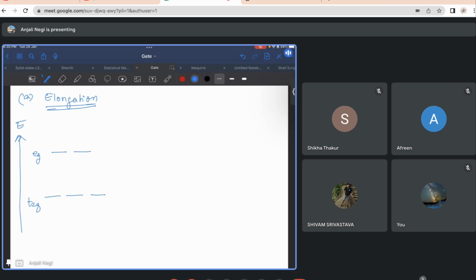In T2g we see that this is dxy, dyz or dxz. And this is dx square minus y square, and this is dz square. If I just simply draw a small diagram, something like this, where these are my x and y and this is my z.